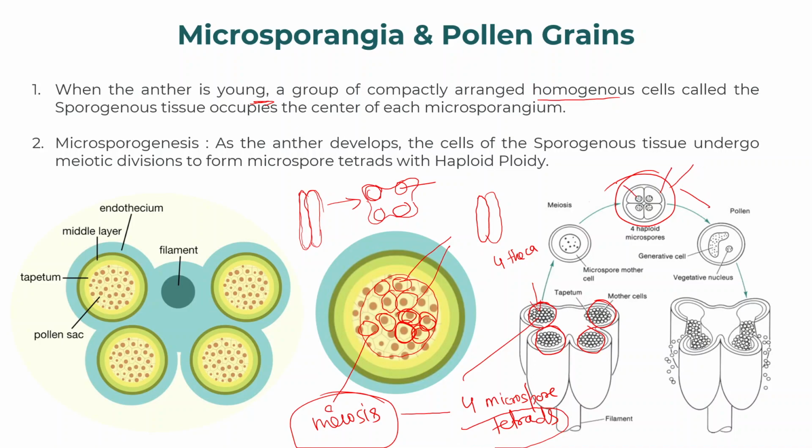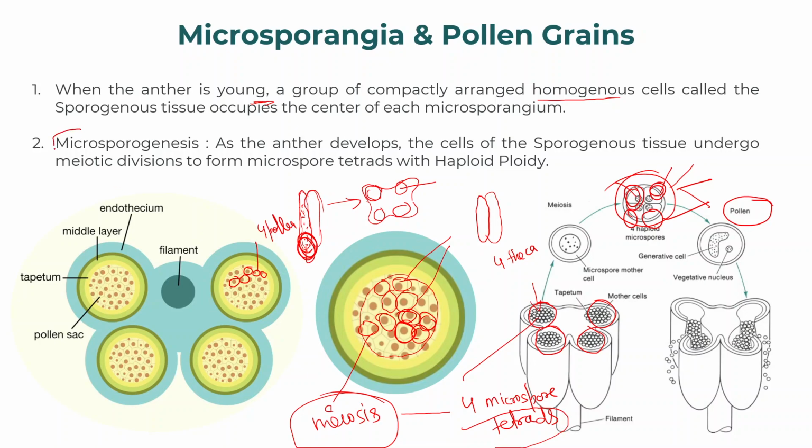All four cells of each microspore tetrad will separately form pollen grains. So all these particular cells are capable of forming four pollens. That's why the anther is filled with so many pollen grains, right? So how is this much pollen coming from the sporogenous tissues?